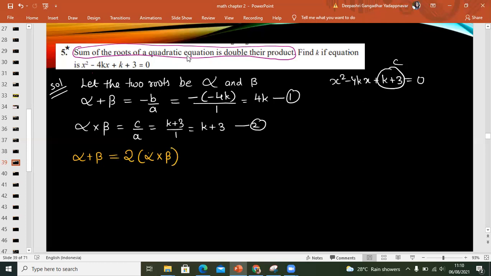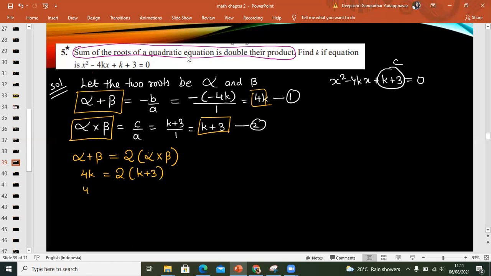Okay, so according to the statement I have written, now I have to just substitute the values which I have got. I have got alpha plus beta as 4k value, so I will write here 4k equals 2, and alpha multiply beta, I have got k plus 3, so I will write here k plus 3.